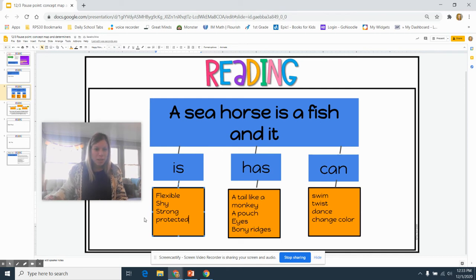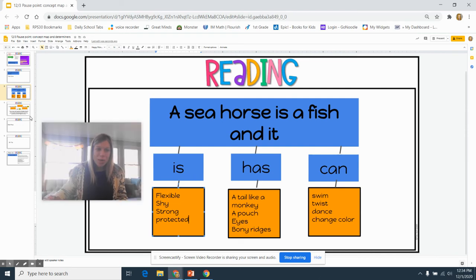Now, my goodness, boys and girls, you helped to sort some words into categories by their attributes. So you helped find some adjectives or describing words about the seahorse. You helped to find some nouns or some things that are on the seahorse. And then you helped find some verbs that were things that the seahorse can do.